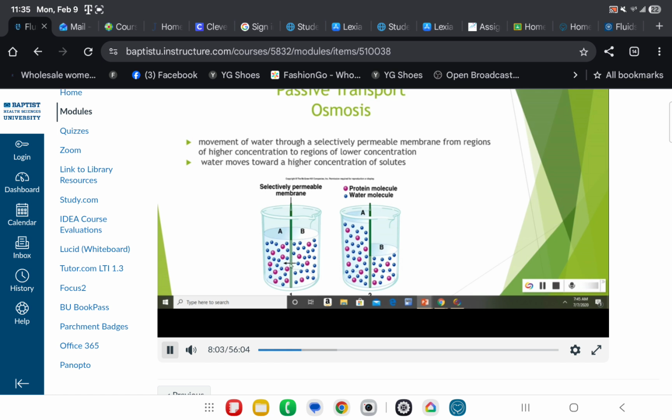So if you look at this, my solutes are my little purple dots again, and my water is my blue. As you see, you have more solutes on side A than you have on side B. So water is going to diffuse through this membrane and go from side B to side A, because now the water has moved from a place of low solute concentration to a place of high solute concentration.